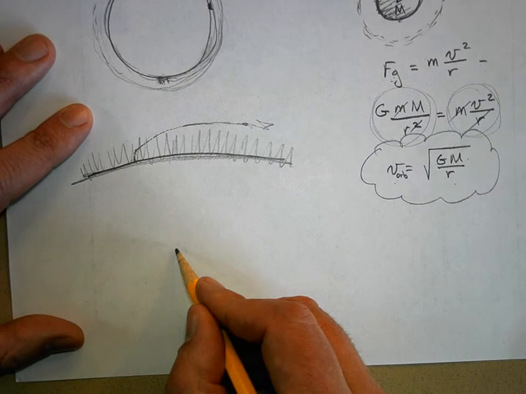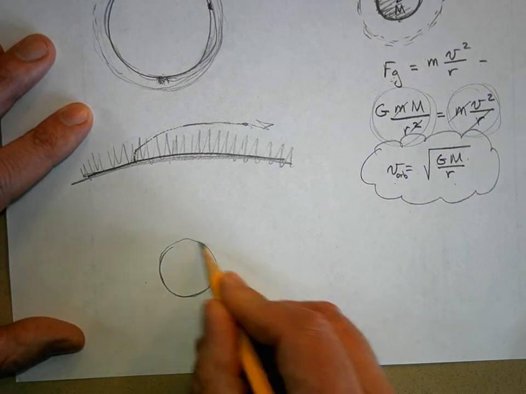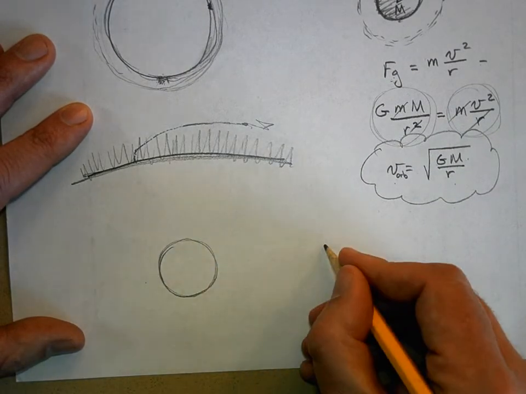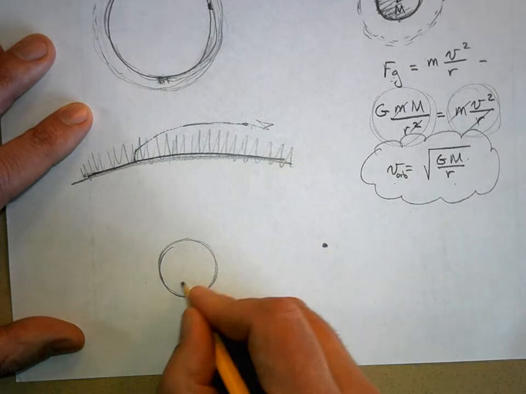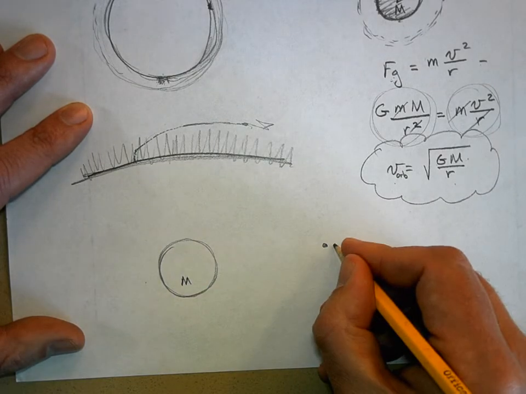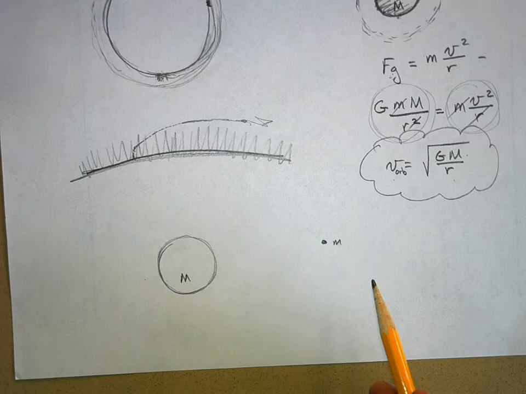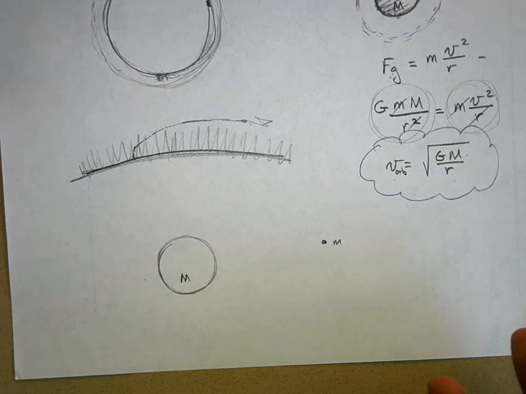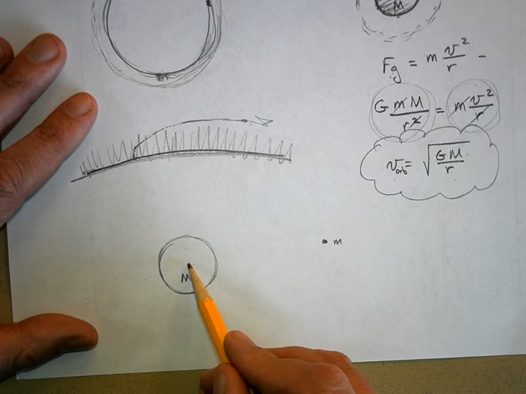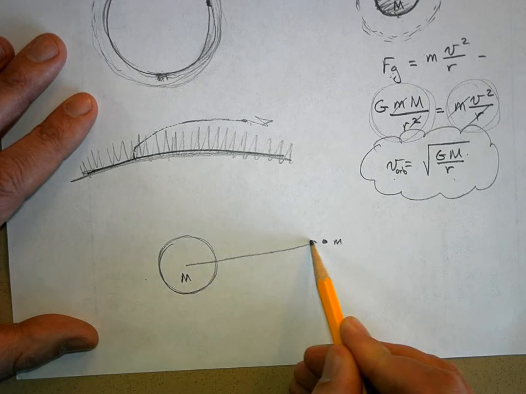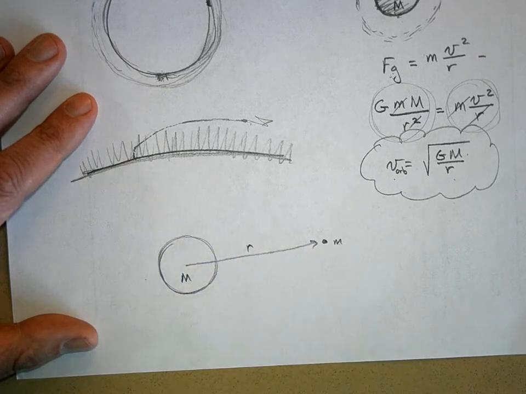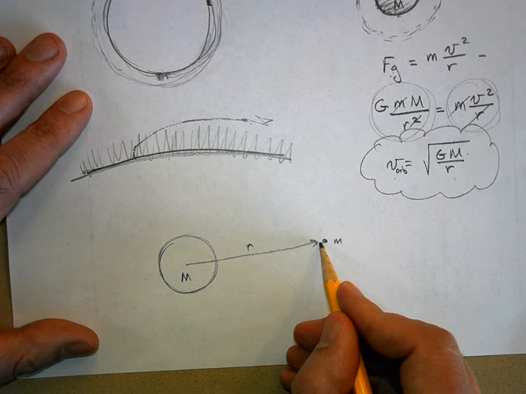So again, here's the Earth. Now here's my object. So here's M, and here's my satellite or my spaceship M, and maybe it's not even in orbit. I don't know. It doesn't have to be in orbit for this to be true. Just be some distance r from the Earth. Well, I want to know, what is this force of gravity?